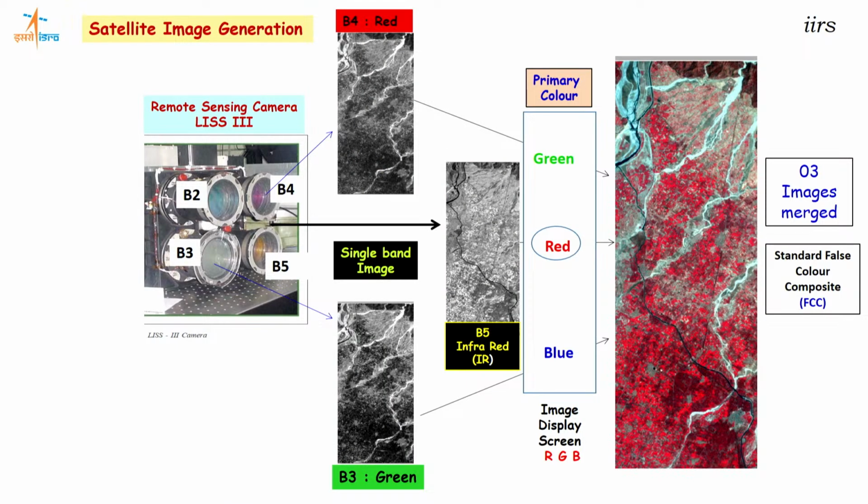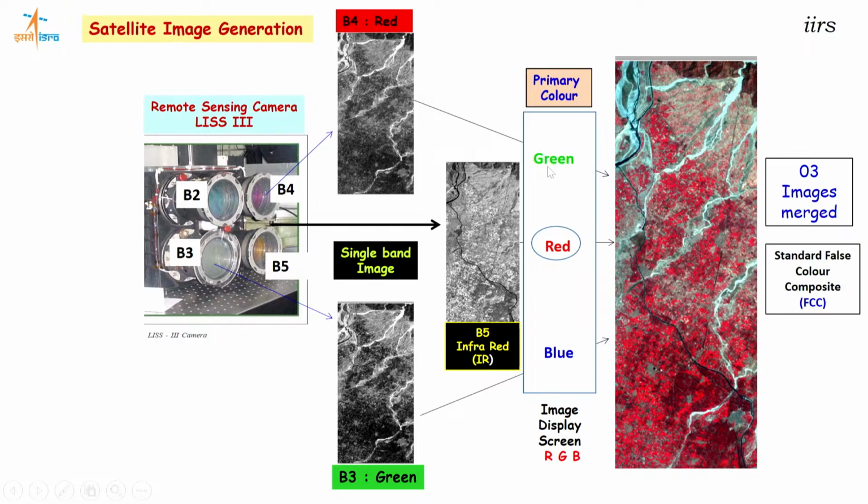You see how the satellite image is generated. We get all four bands of the satellite image, and each band image is black and white. But when we merge them, we make the composite in such a way that infrared is projected as red color, green is projected as blue color, and the red band camera image is projected in green color, because we have only three primary colors: blue, green and red.